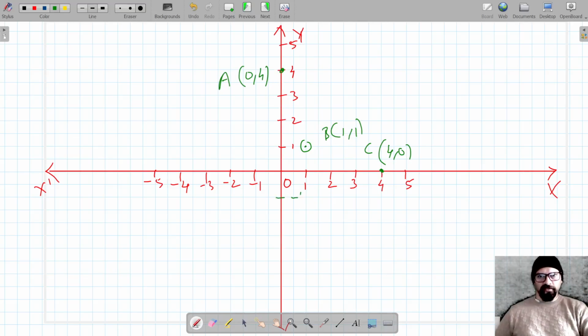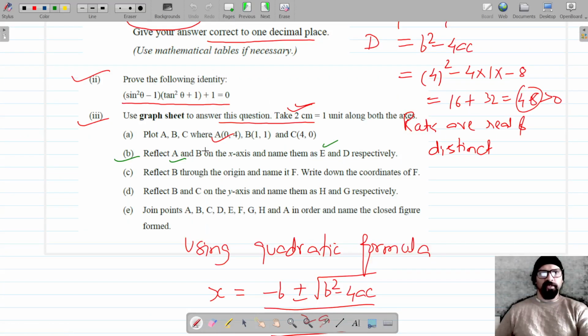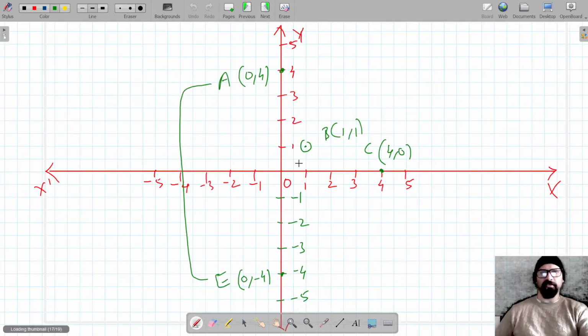The x-axis is the mirror axis. So A (0, 4) becomes 0 comma negative 4. So this is E, which is (0, negative 4). So A is reflected as E, and the next one was to reflect B on the x-axis as D. B, which is 1 comma 1, becomes 1 comma negative 1.